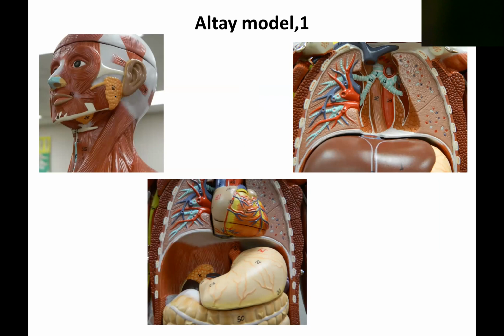Okay, on the full muscle model, you can see the parotid gland and the submandibular gland. You can see the gastroesophageal sphincter, the cardiac stomach, the fundus of the stomach, the body of the stomach, the pyloric stomach.